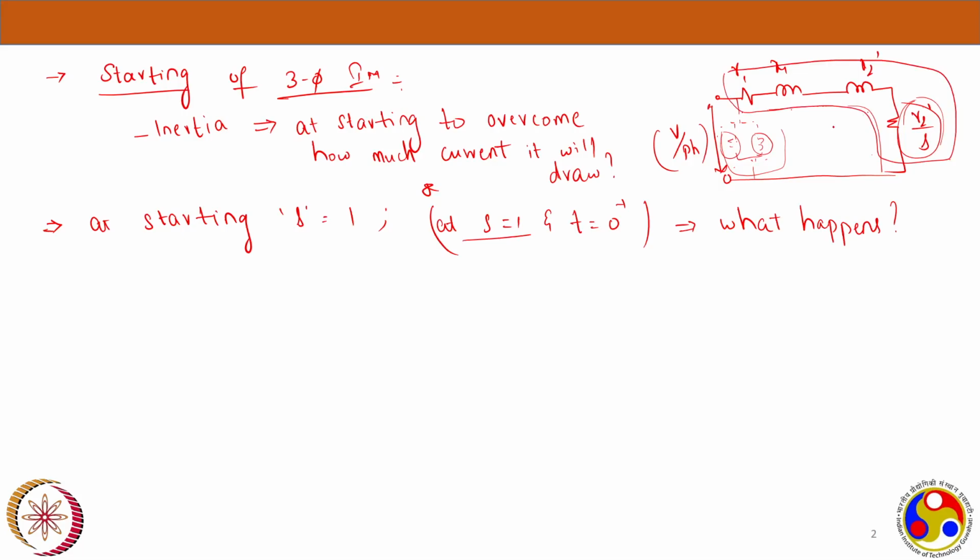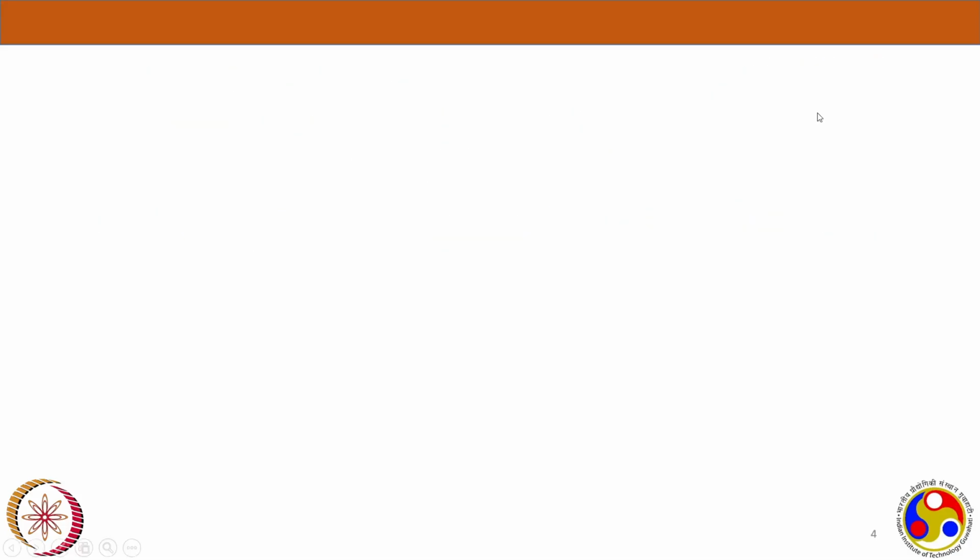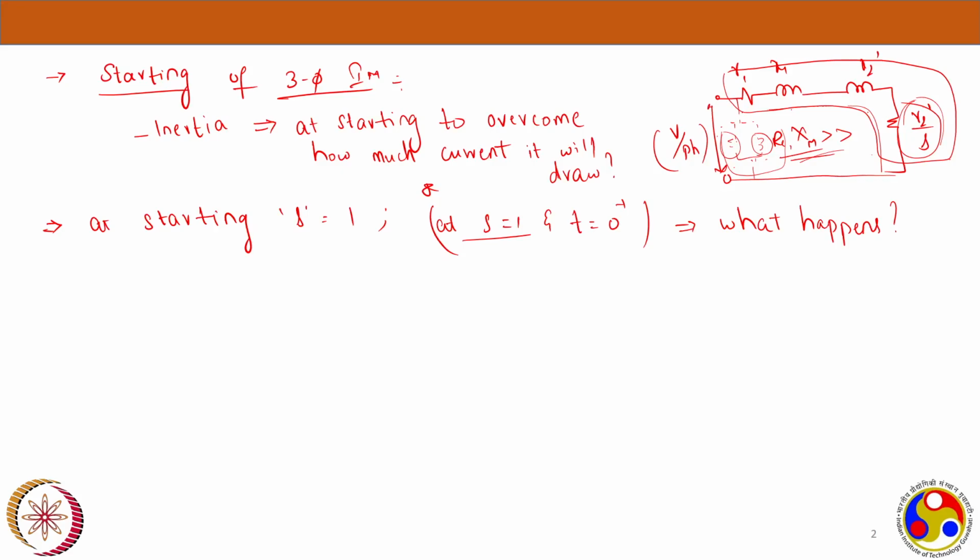So that's why we neglected this entire branch with RC and XM, and we are taking the simple approximate equivalent circuit. It's not a problem because at the starting all these impedances are lower.